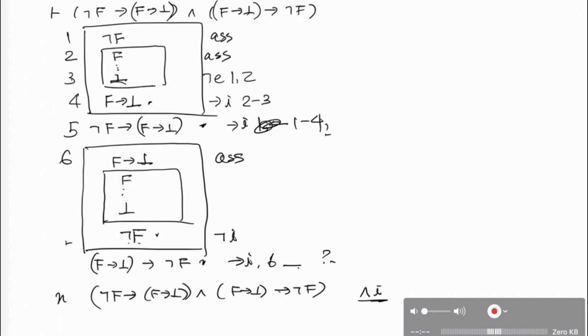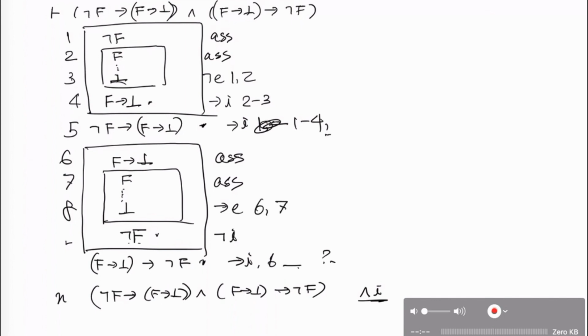So the thing is, how do we go from this f and f implies bottom to derive bottom? Well, it's actually easy. This is just one step. So we can have, this is the assumption. Line 8 can be just directly using the implication elimination for lines 6 and 7.